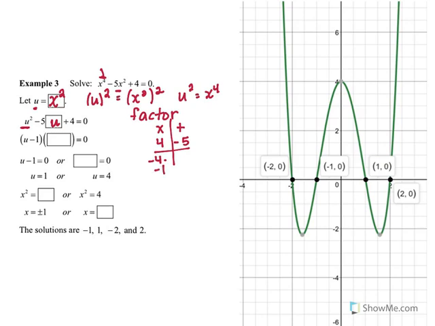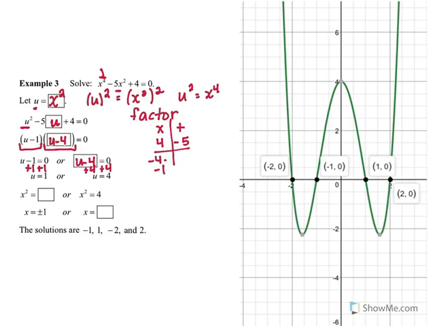There's nothing in front of u, so I can move to u minus 1 and u minus 4 equal to 0. We know that once it's factored and set equal to 0, we can set each factored form equal to 0. So u minus 1 is 0 or u minus 4 is 0. Solve for u. So we'll add 1 and we'll add 4.